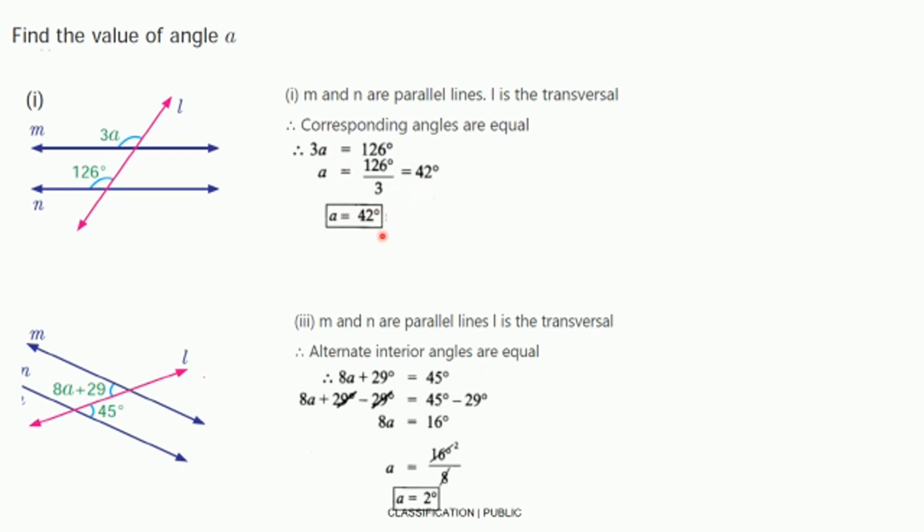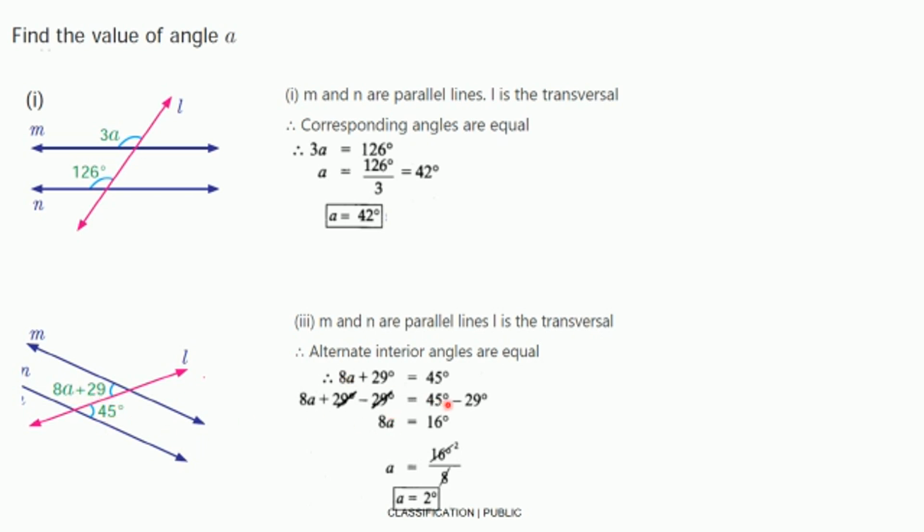Next. Here opposite side, that is alternate interior angles. M and N are parallel lines, L is the transversal line, alternate interior angles are equal. So 8A plus 29 equal to 45.